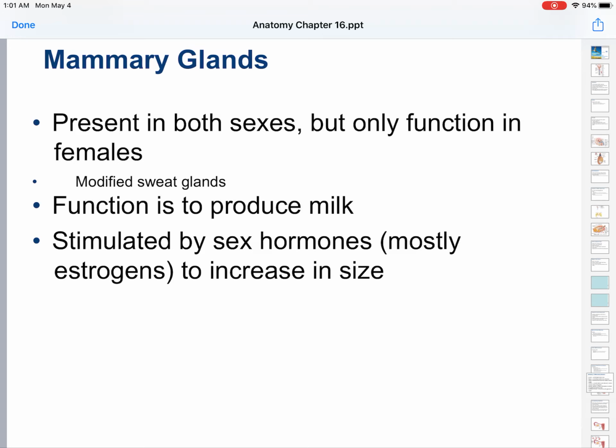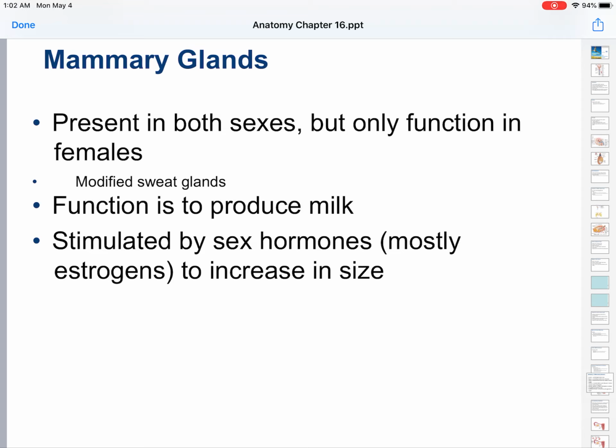the fluid produced in male mammary glands, since they do not have anywhere near the levels of the progesterone that females have, since obviously they do not have oocytes and ovaries to produce the progesterone, the fluid that males would produce, if they were able to, would be nothing more than pretty much sweat.